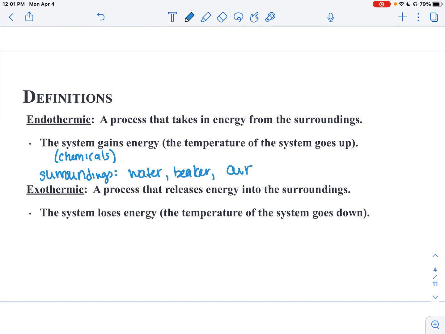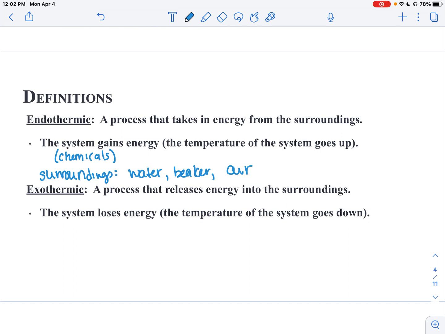Any of that stuff can give the system more energy. A lot of our graphs are going to be looking at what's actually happening to the system, but us as humans, everything we can observe is what's happening to the surroundings. So it's a very important distinction that you need to get through to understand this concept.